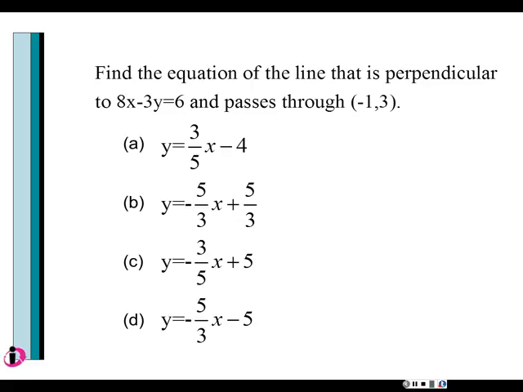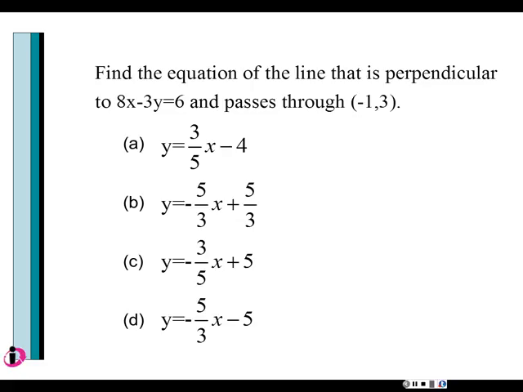It will not match these, because these are not right choices, because none of the slopes are negative 3 over 8. The slope is negative 3 over 8, right? So your formula should be y minus y1 equals m times x minus x1.